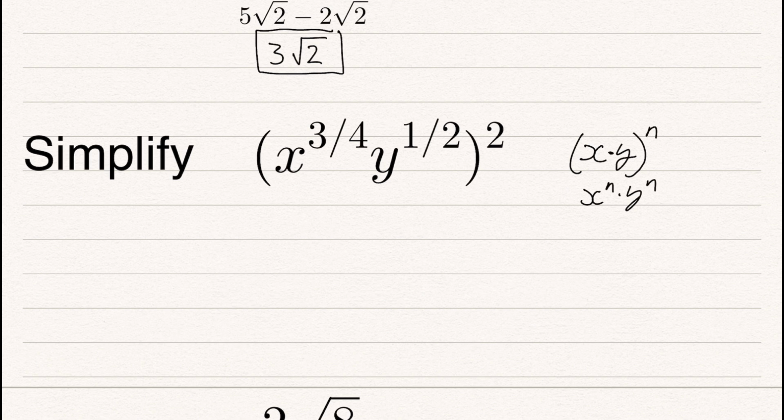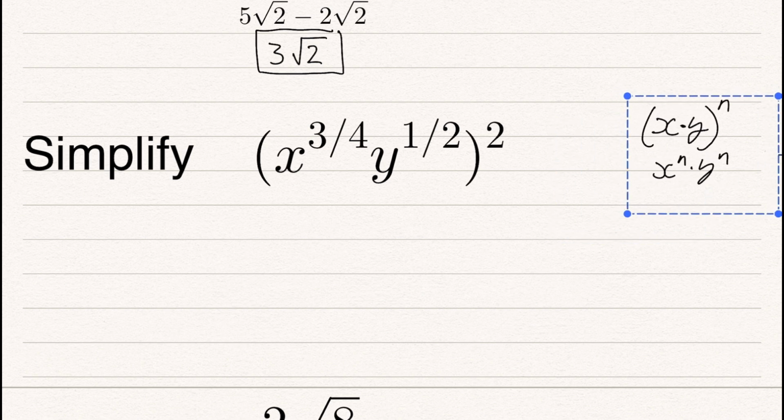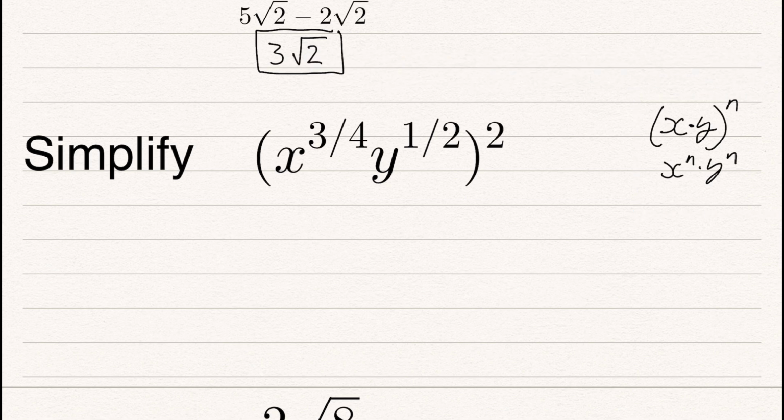And that's what we're going to do here. We're going to take x to the 3/4 and we're going to take that to the second power. We're going to take y to the 1/2 and raise that to the second power.